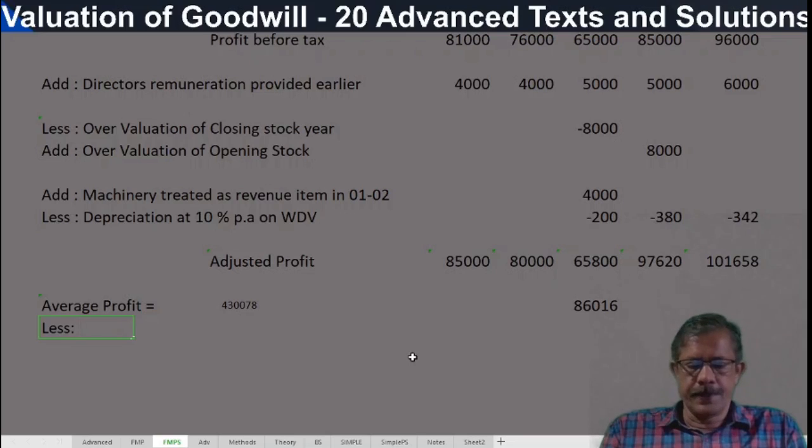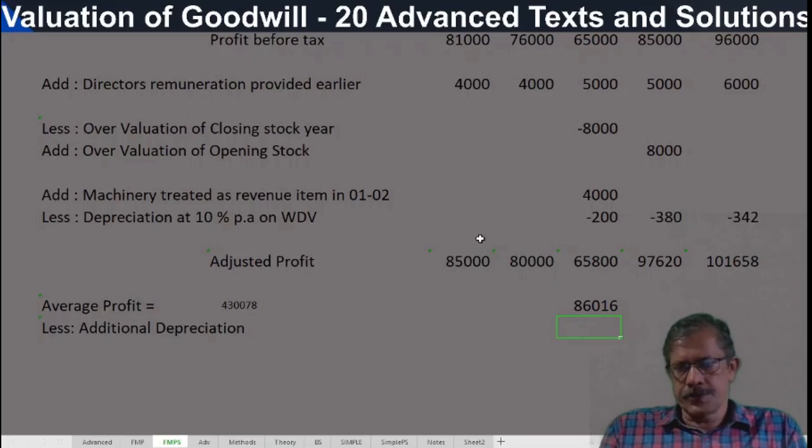Here depreciation, additional depreciation. Additional depreciation how much? 16,000. Otherwise, 16,000 you have to show for all the 5 years as a deduction. Additional depreciation how much? 16,000.